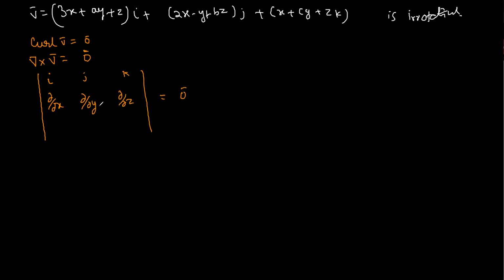This is vector zero. And what is the i component? 3x plus ay plus z, 2x minus y plus dz, x plus cy plus z prime. Right?